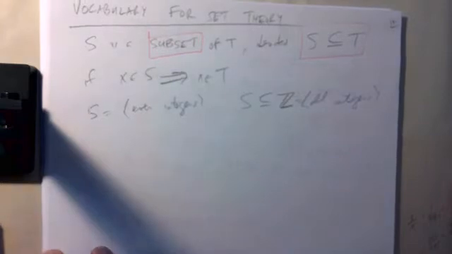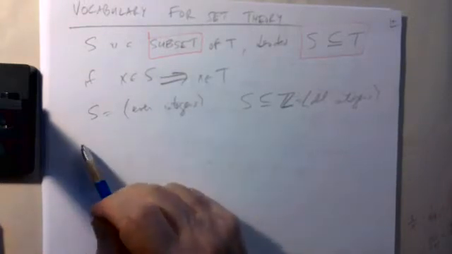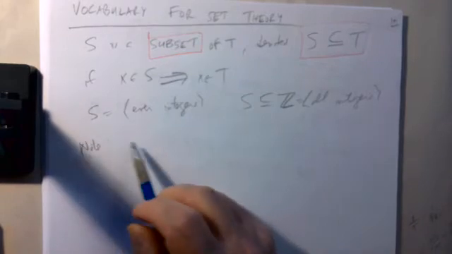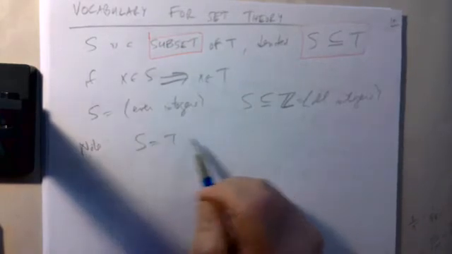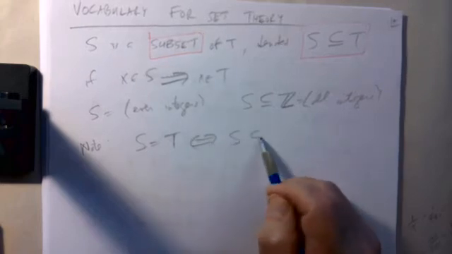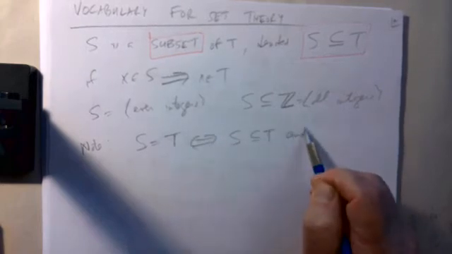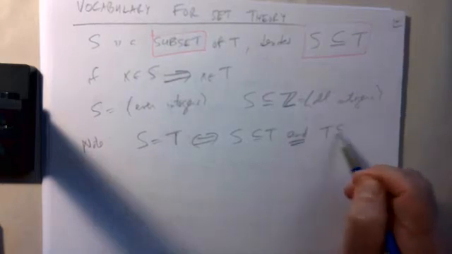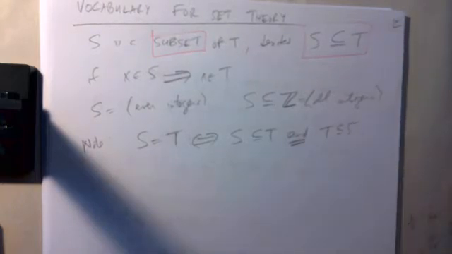And you can also note it follows from the definition of equality of sets. S equals T if and only if S is a subset of T, and T is a subset of S. So we can rewrite the notion of equality in terms of subsets.